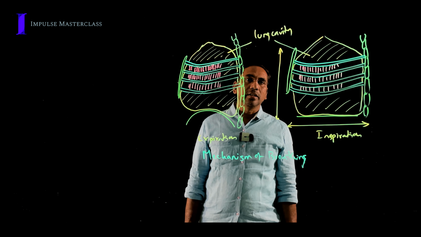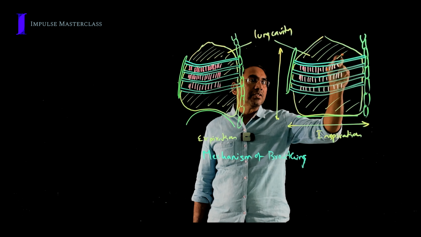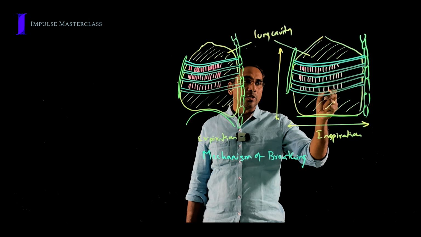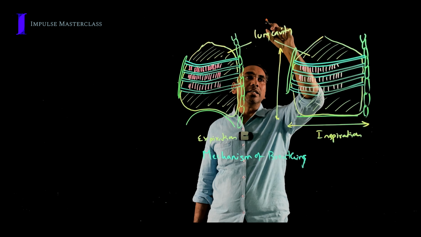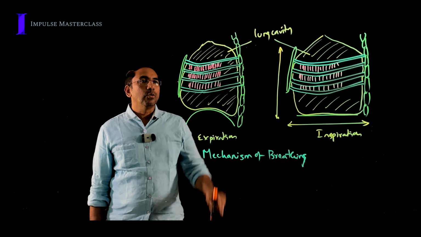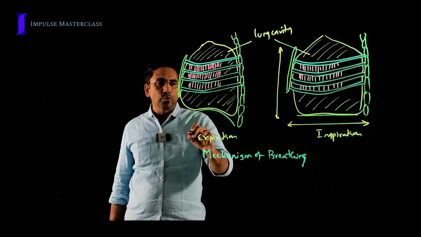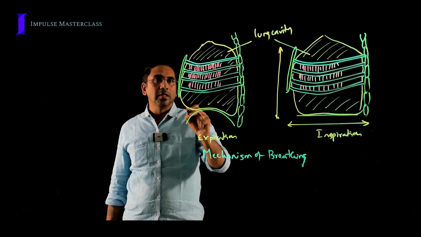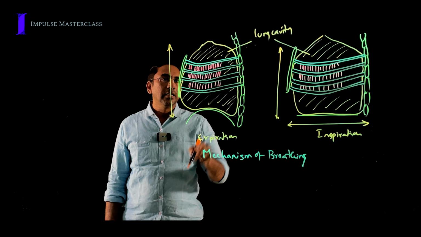As you know, air always moves from high pressure to low pressure. As the cavity increases, it creates negative intrapulmonary pressure, so the air can easily enter the lungs. Now during expiration, what happens? The diaphragm muscles relax, so it again comes back to dome shape. Thoracic cavity decreases anteroposteriorly.